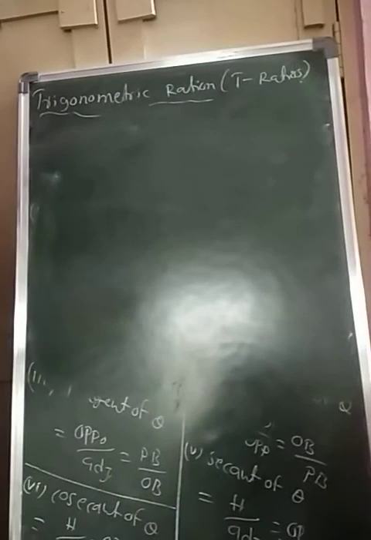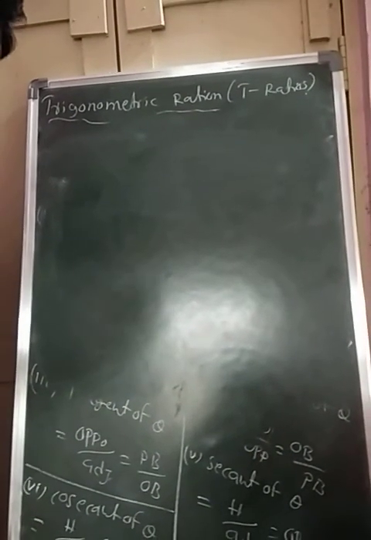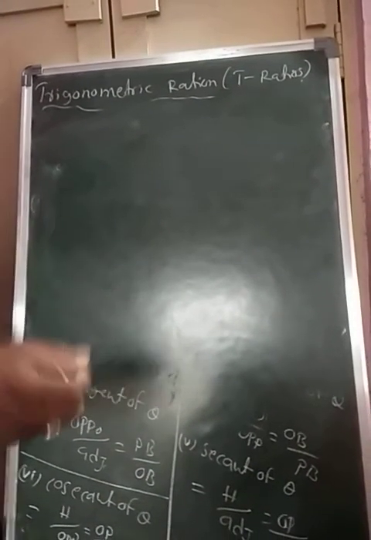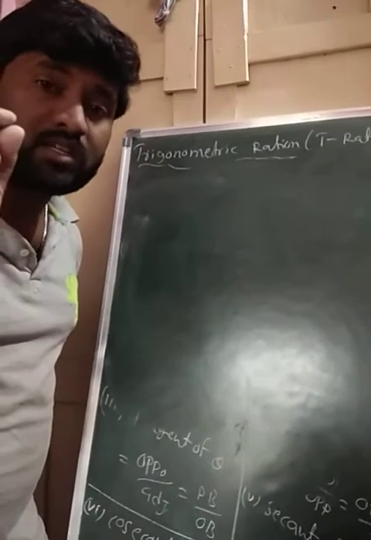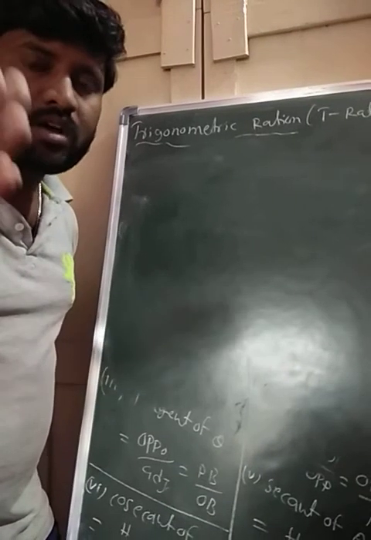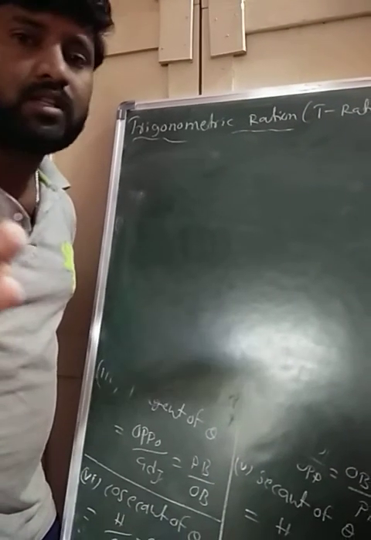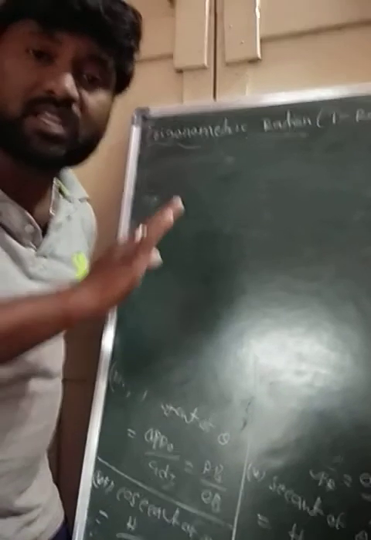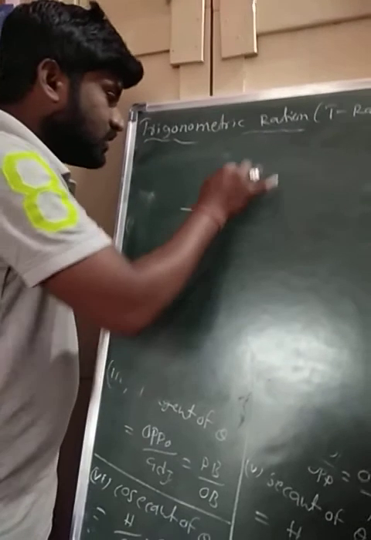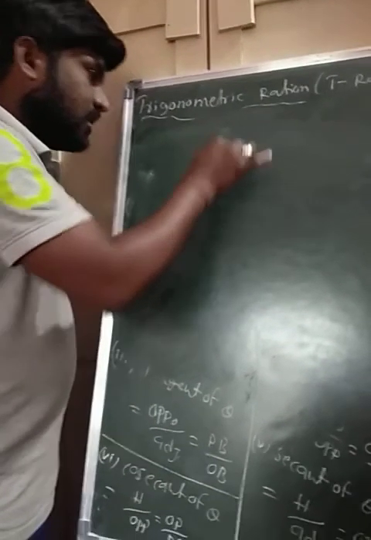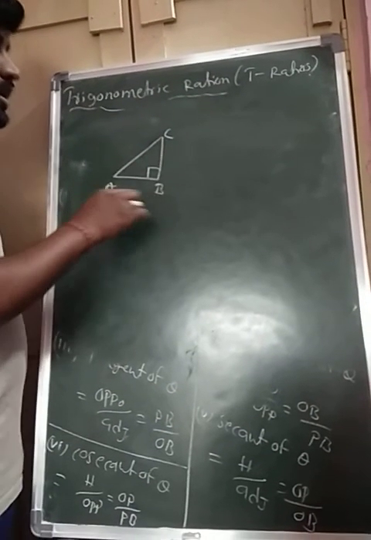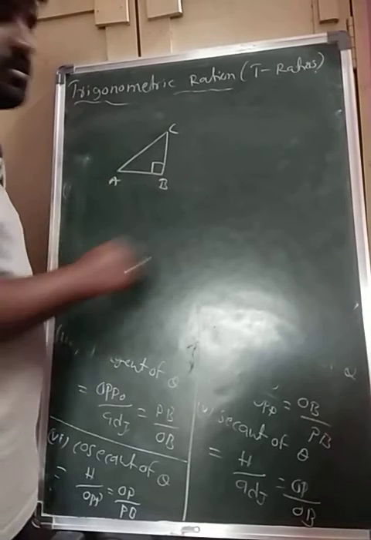One of the important statements, students: trigonometric ratios are the ratios of the sides of a right angle triangle. They depend only on the magnitude of the angle, but not the size of the triangle. For example, ABC is a right triangle, with angle B measuring 90 degrees.